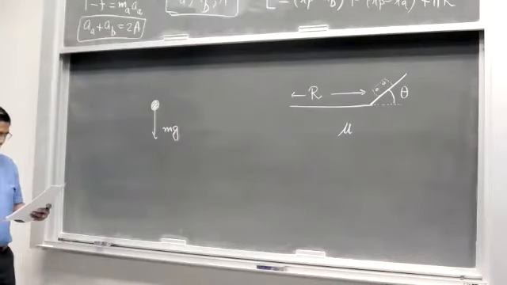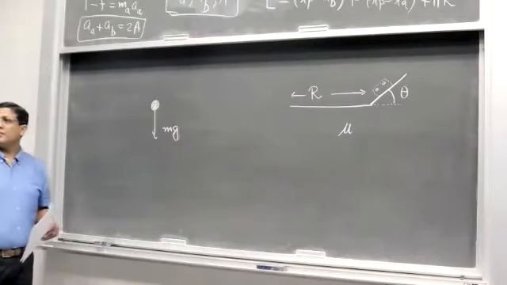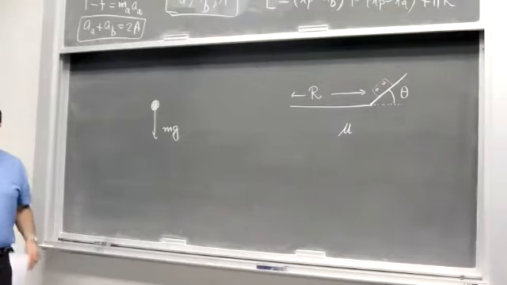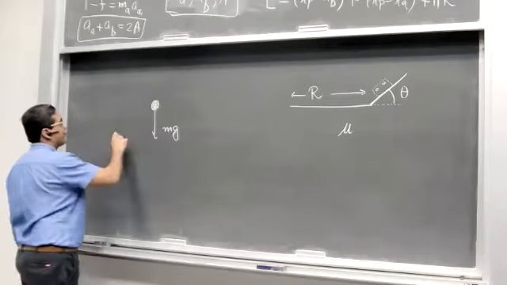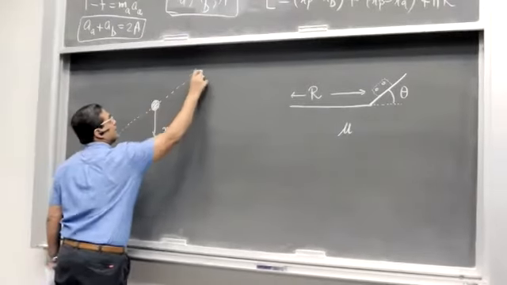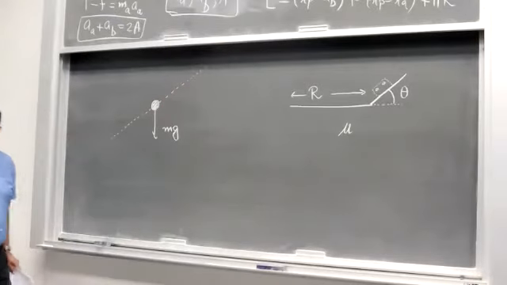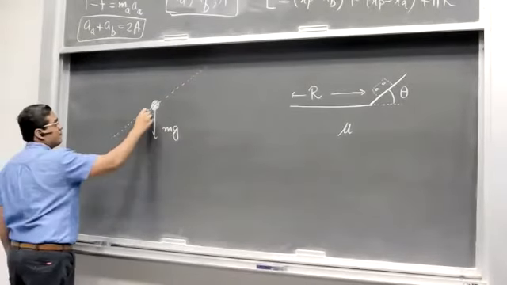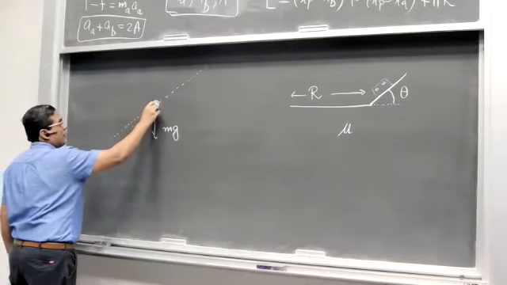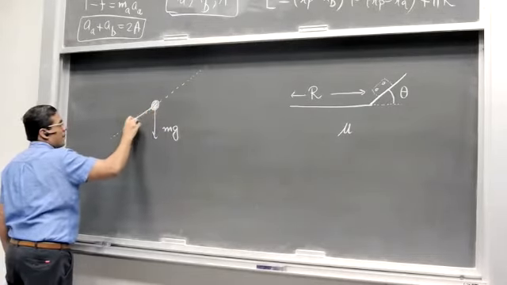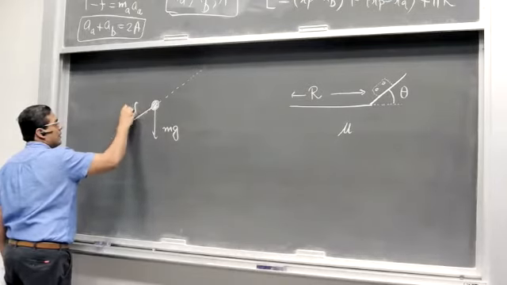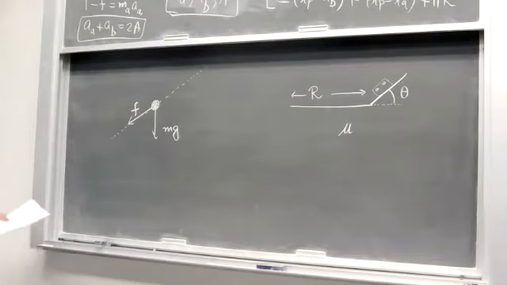Next. Friction. Which direction is friction? Along the surface, it would be parallel to the surface of the bank.